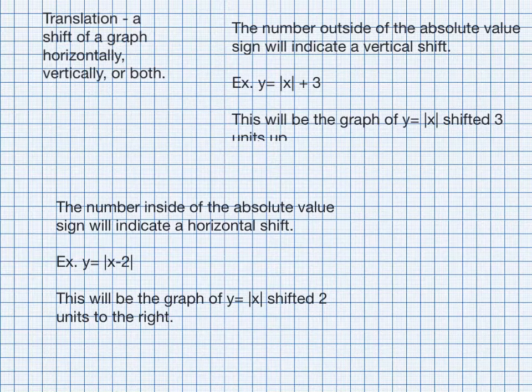I will explain that, and I'm going to graph both of these examples in just a moment. Just make sure that you know that the number and operation going on inside of the absolute value sign indicates a horizontal shift. If there is a number and operation outside of the absolute value sign, that will indicate a vertical shift.